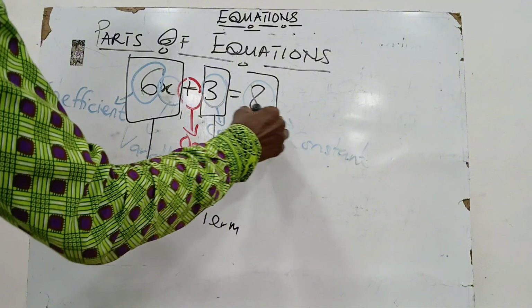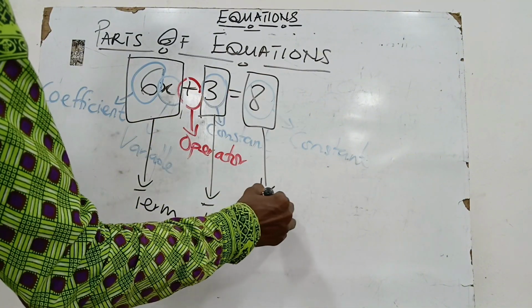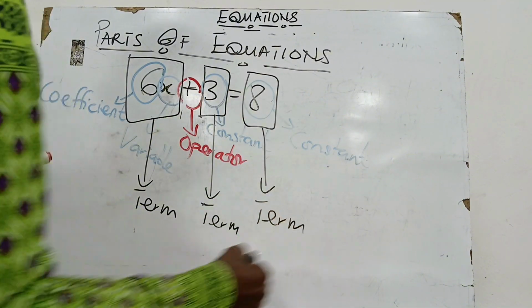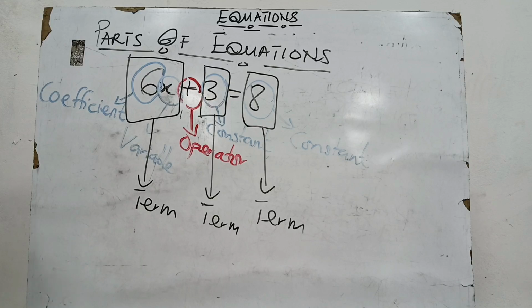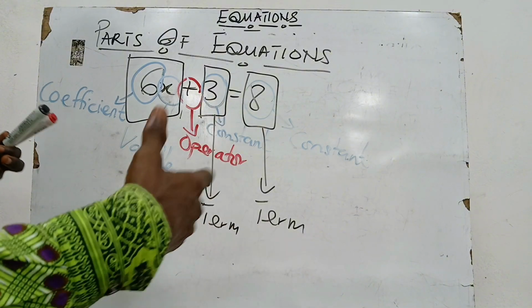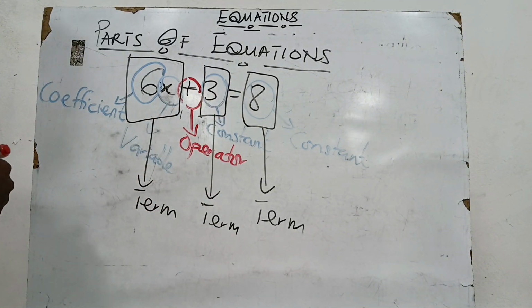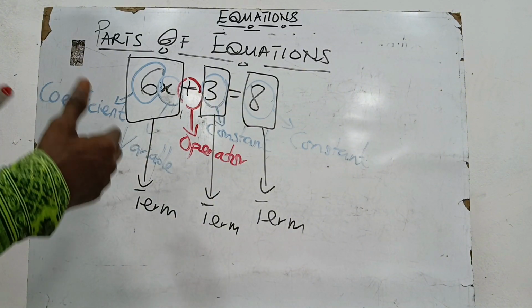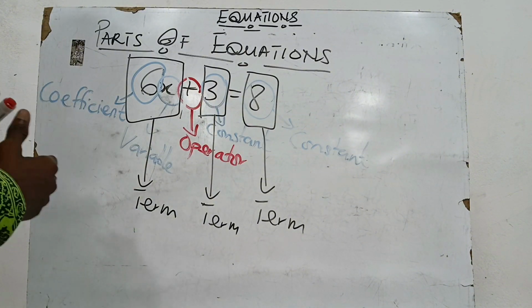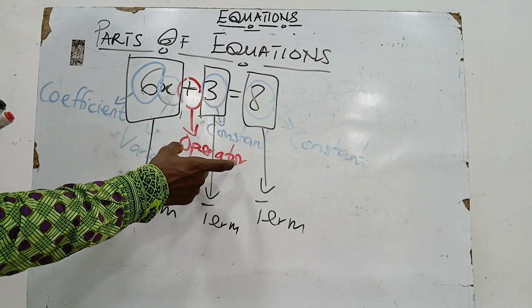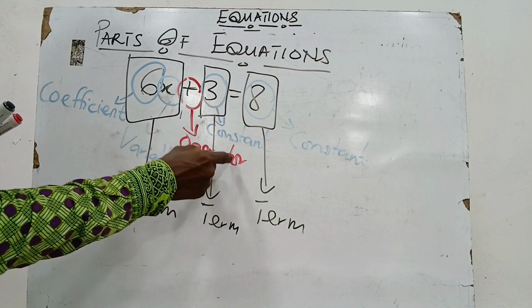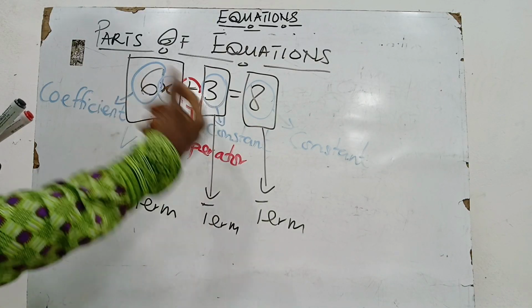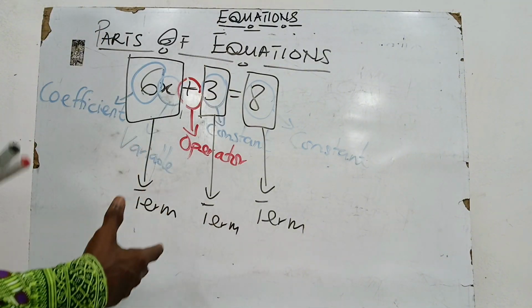And the whole of this 8 is also what? A term. So when you have 2 or more terms put together, then it becomes what? An expression. When you have 2 or more terms put together by the help of an operator or a number of operators, it becomes an expression.